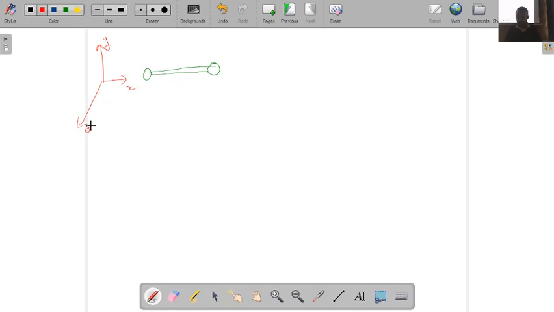One rotational motion can be along this axis, rotating something like this, like revolving a pen. Then another motion can be this whole molecule rotating about the Z axis. Then it can have one motion about the Y axis. So it can have a large number of rotational motions.